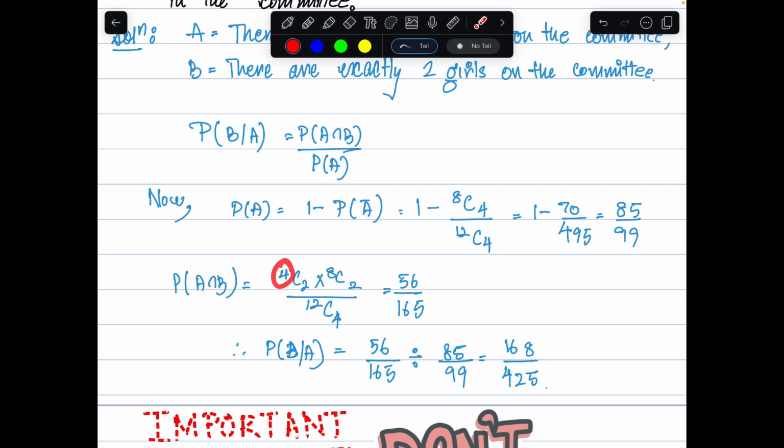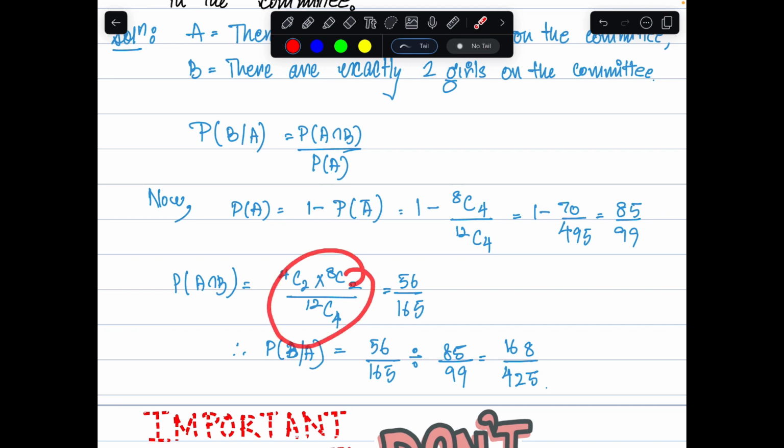So out of 4 girls I am selecting 2, but I need to select a total of 4, and here only 2 are being selected, so the rest I will be selecting from boys. They are both part of one event. You're selecting a team together, not separately, so they will be in a product.